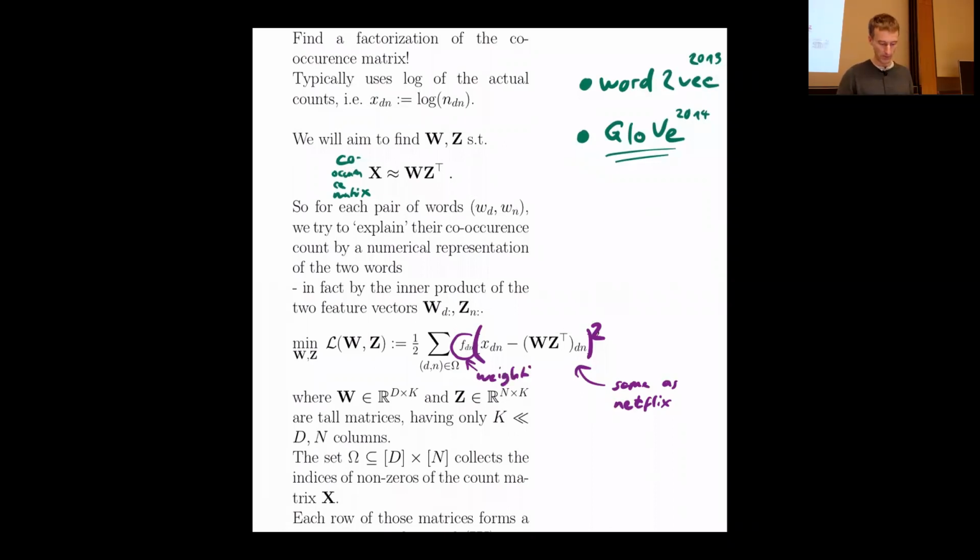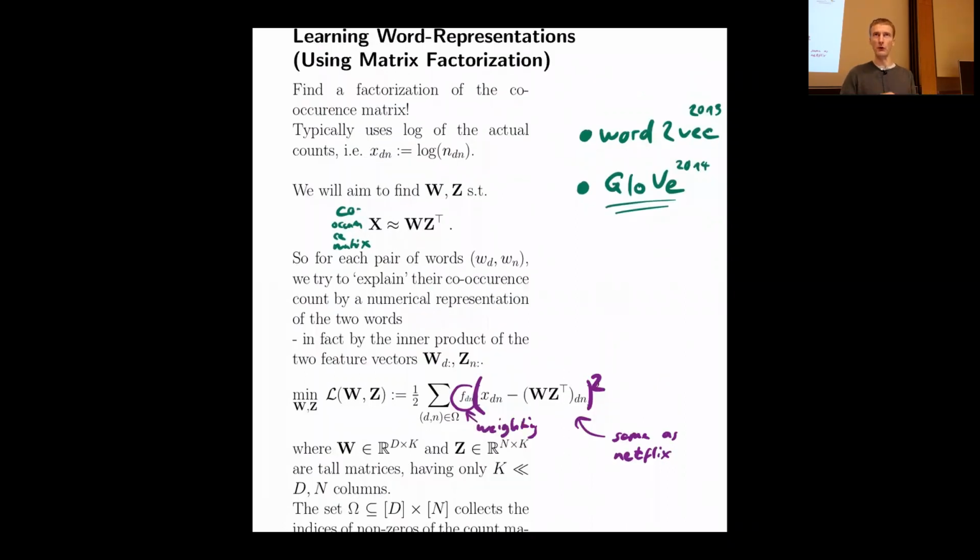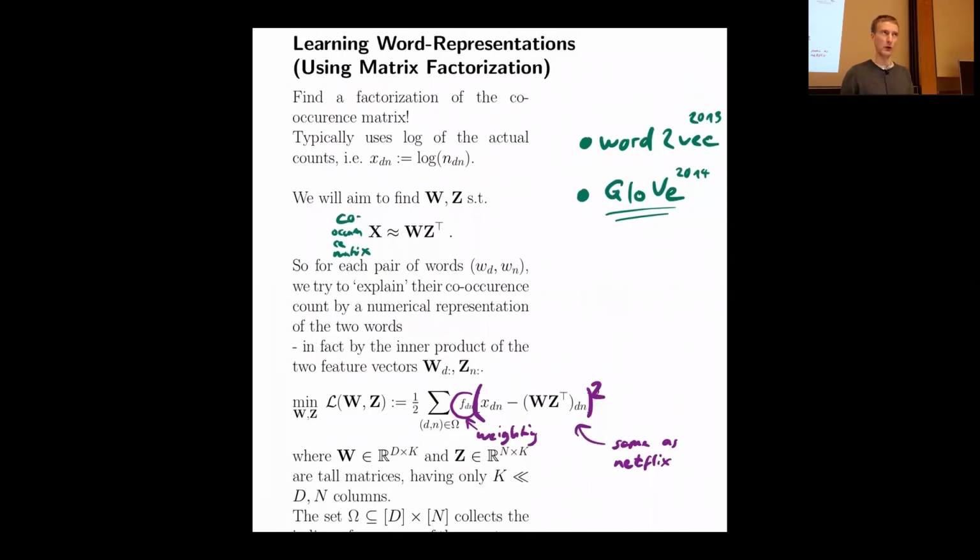It's a scalar which we use to give a bit more weight to some important co-occurrences, or less to not so important ones. And then omega is just the entries which are observed, right? We don't do anything for the entries which are not observed together, so those will not be included in the loss.